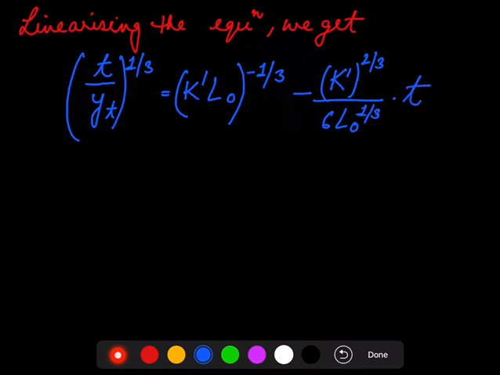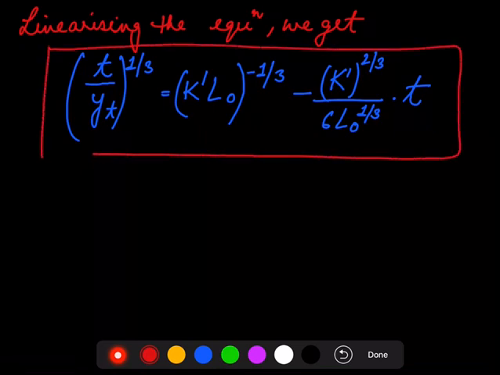This is the complete equation, and this is what we will be using.